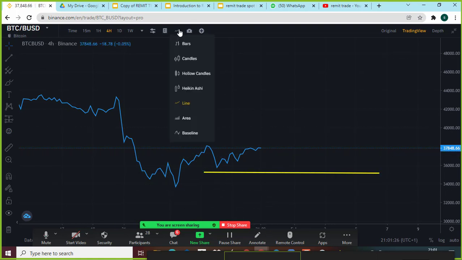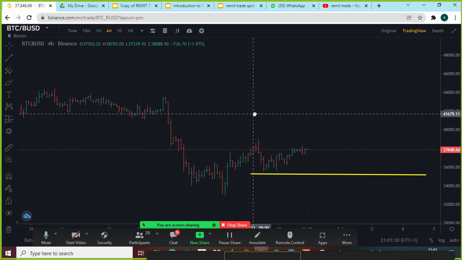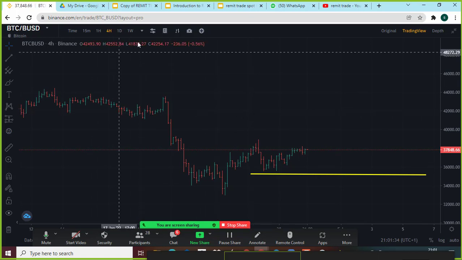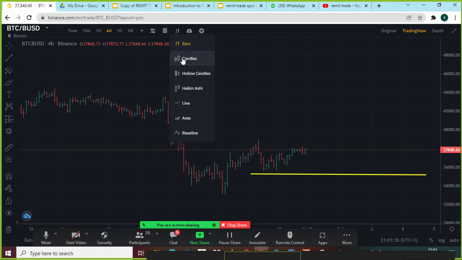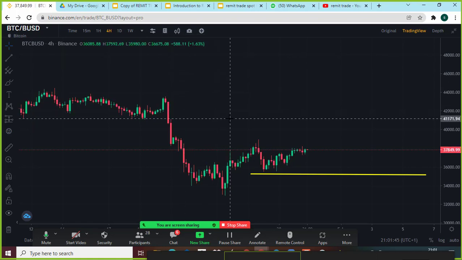After the line chart, there was an introduction of what we call the bar chart. The bar chart gives you quite good information, but it is not enough. Then there was an introduction of the candlestick chart, where we can have the hollow candle or this kind of candle. The candlestick chart was introduced by Japanese rice traders, and it was used to track the price of rice as a commodity in the 19th century.